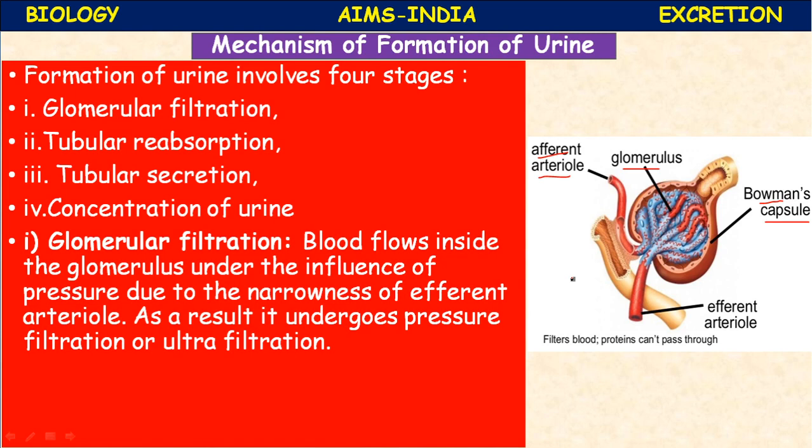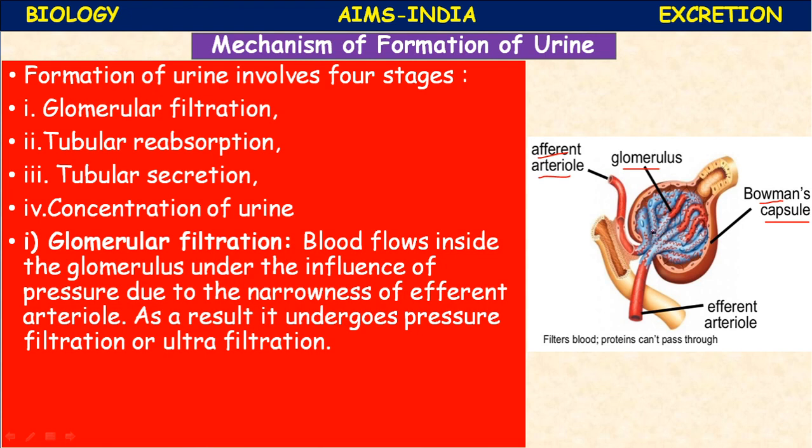So here try to answer these questions. Which arteriole has more diameter, afferent or efferent? Which arteriole has more diameter? Okay, afferent arteriole has a more diameter compared to efferent, because more pressure is required for this filtration. Okay.